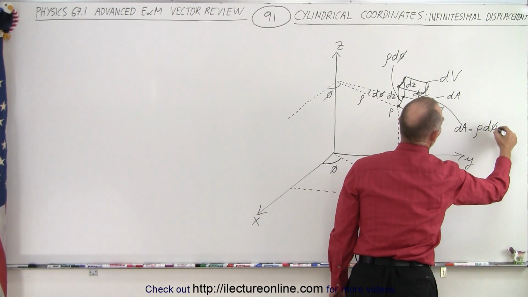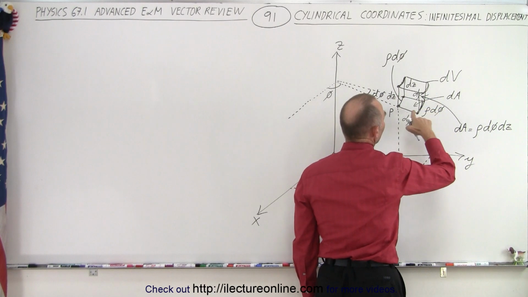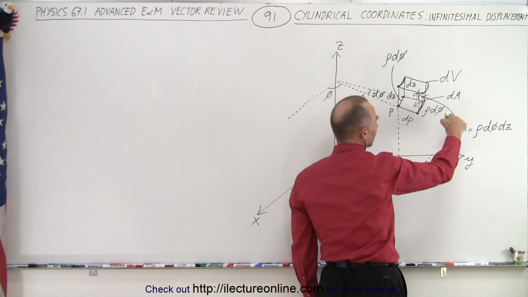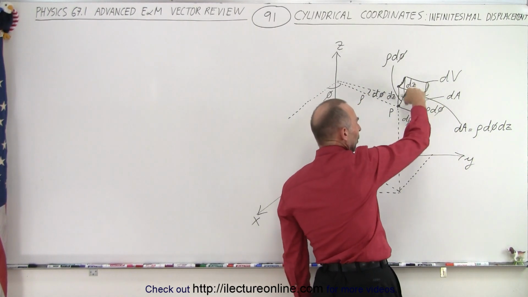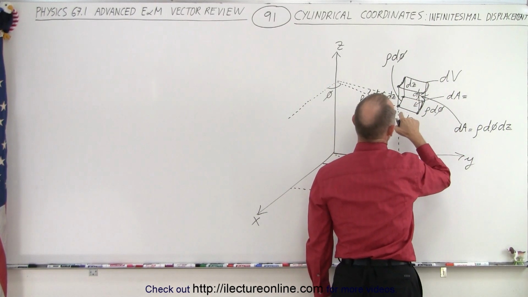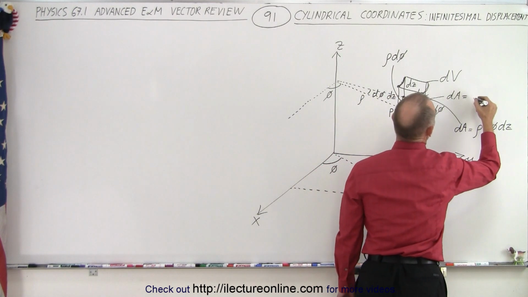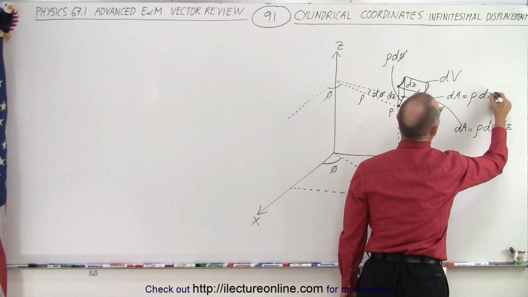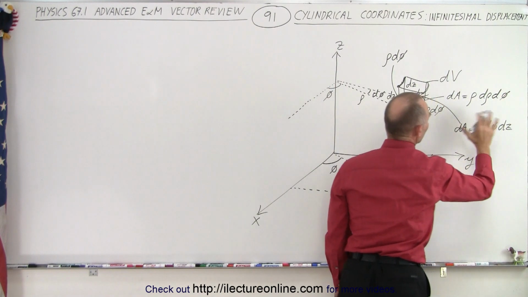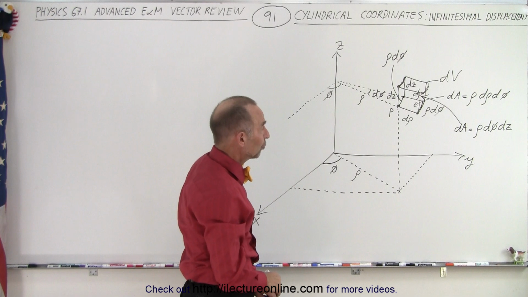So that's rho d phi dz. That would be the area element on the side. If I want to describe the one on the bottom, that would be rho d phi times d rho. So that would be rho d rho d phi. It depends upon which area element we want to define. We can define them in those 2 ways.